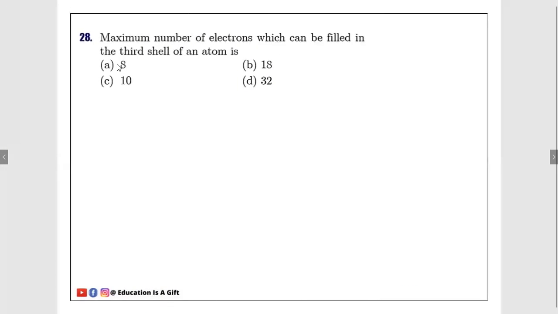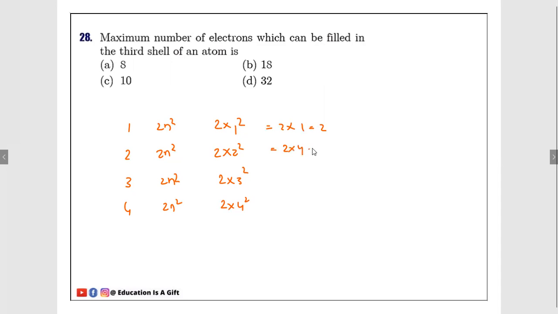28. Maximum number of electrons which can be filled in the third shell. Already we have discussed, if it is 1, 2, 3, 4, you can use the 2n square formula, right? So if it is first orbit, 2 into 1 square, second orbit 2 into 2 square, third orbit 2 into 3 square, fourth orbit 2 into 4 square. That is 2 into 1, equal to 2.